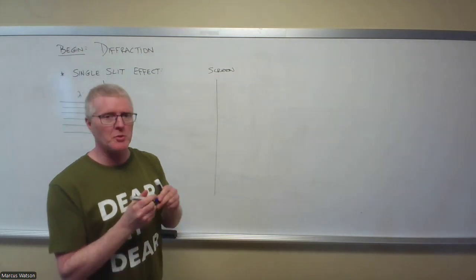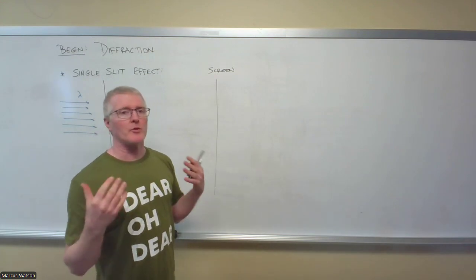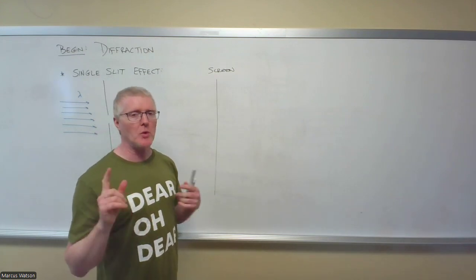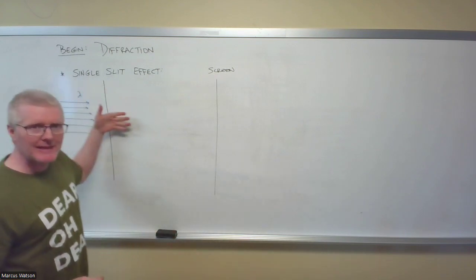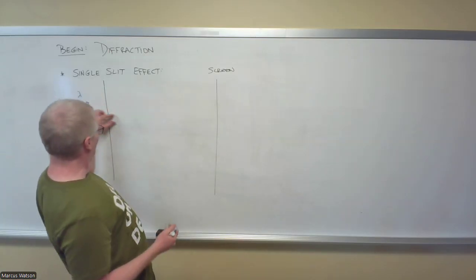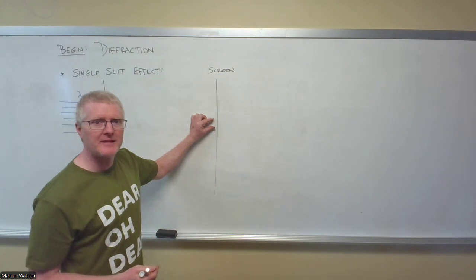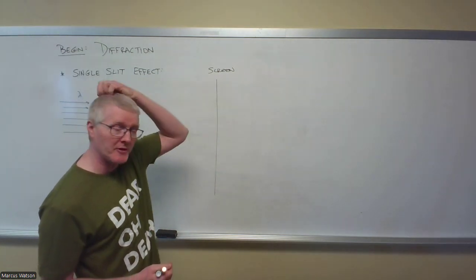Okay? And this was one of the really confusing aspects of the ray model. The ray model breaks down because what we would expect to see if we shined light through this slit would be a shadow, and only a small bit of light is making it through, and this would be the size of the slit as projected on the screen over here.